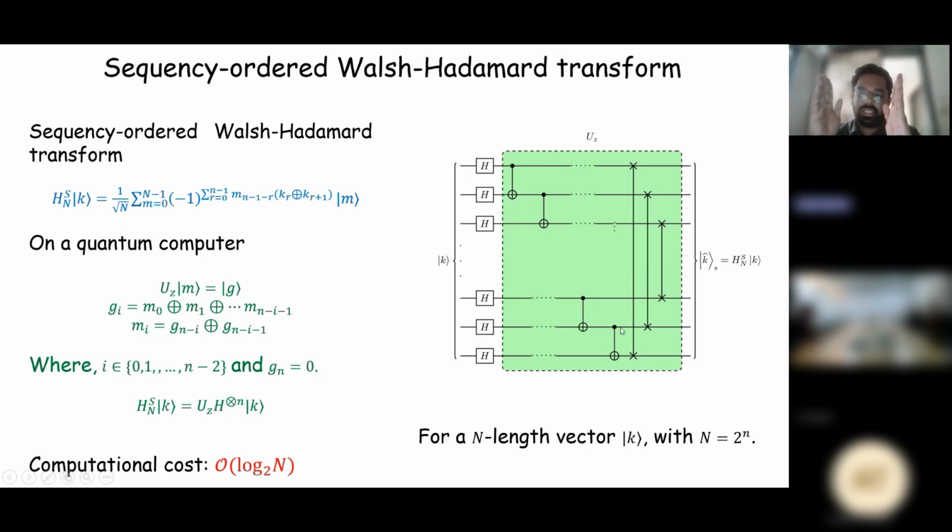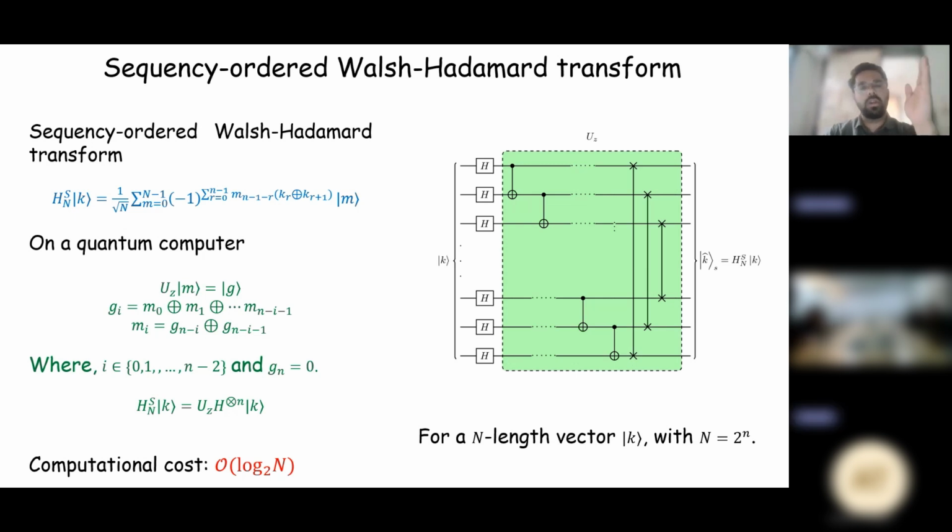This is the complete circuit depth required to perform the sequency order Walsh-Hadamard transform. Earlier, the natural order Walsh-Hadamard transform required order n, but since we have to perform our edge detection in such a way that we can obtain the high frequency components, I will have this additional cost which I will have to bear.